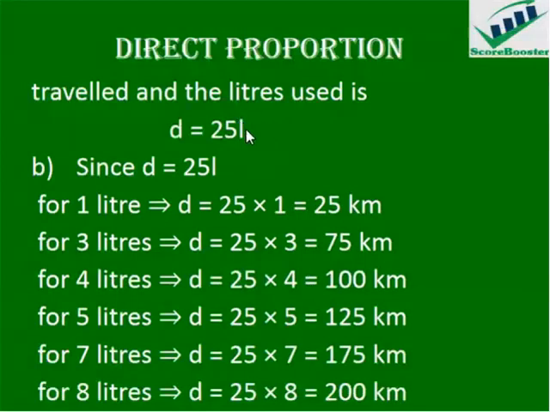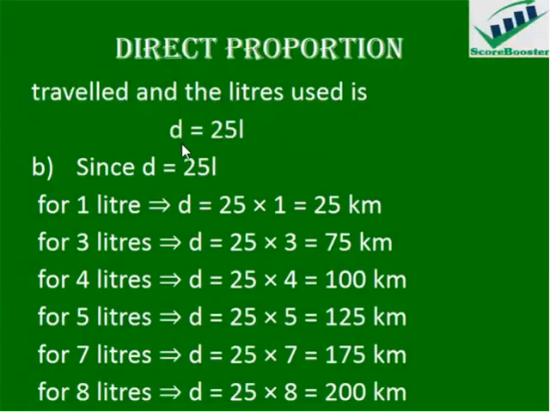Assuming it's 1 liter, it covers 25 kilometers. Assuming L is 2, it covers 50 kilometers, which is what we have in the question. For L is 3, it covers what? The car covers 75 kilometers, and so on. So that answers the first question. This is the relationship between the distance and liters.